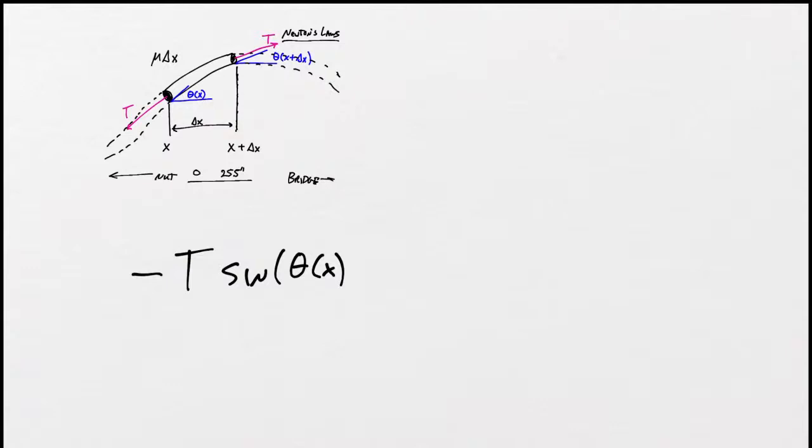So this expression is the vertical force on the left side. And on the right side, it's going up, so we're going to add it, and it's going to be the sine of theta of x plus delta x, right?